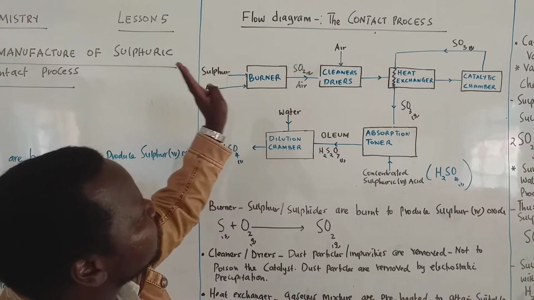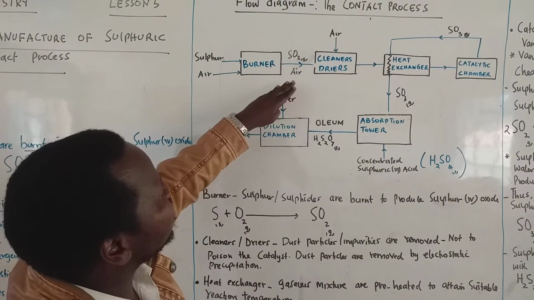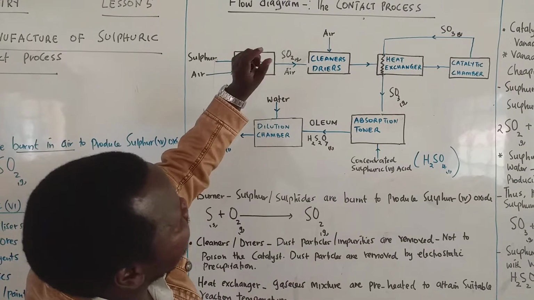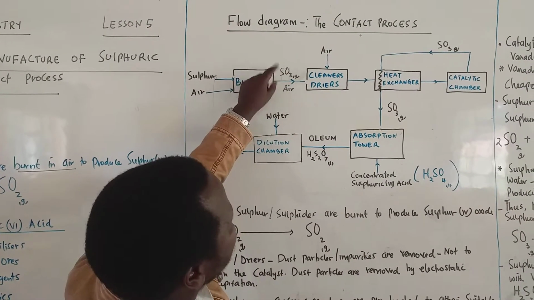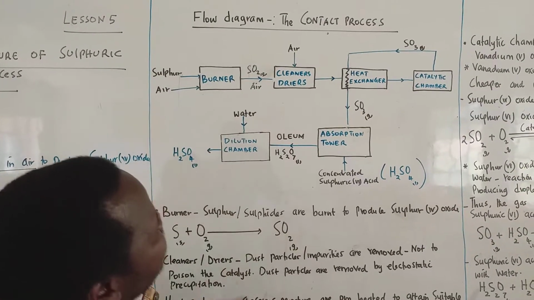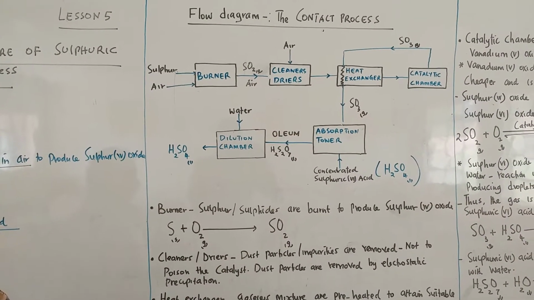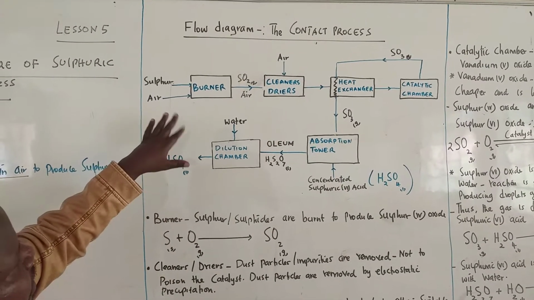Cleaners clean and remove all impurities, and dryers remove any moisture or water vapor in this gas, because the impurities, dust particles and other forms of impurities will actually poison the catalyst that we will also consider in the process.